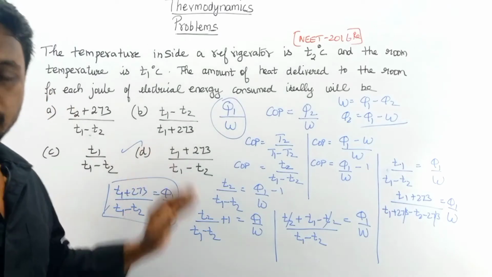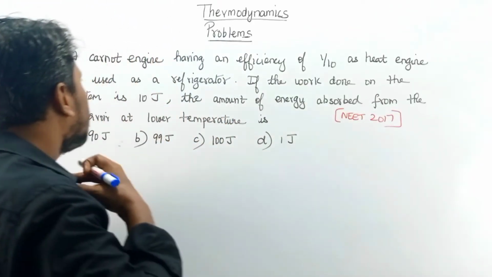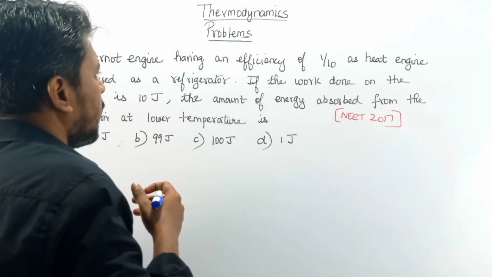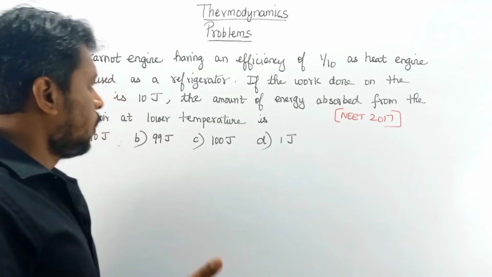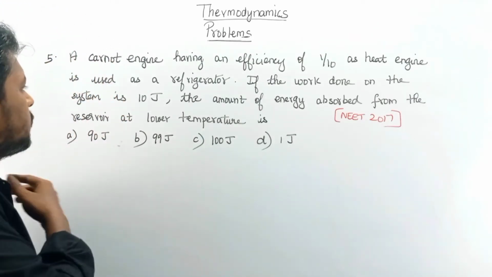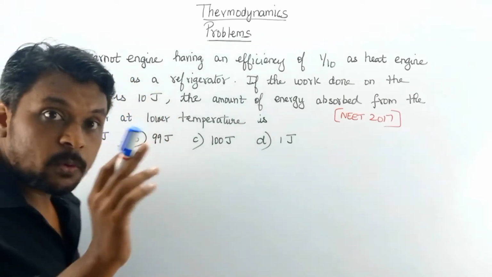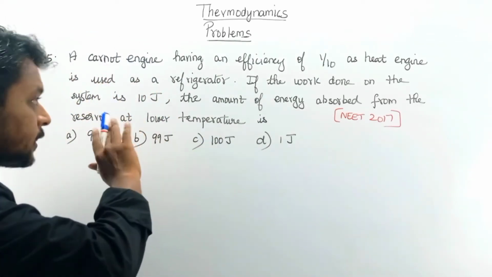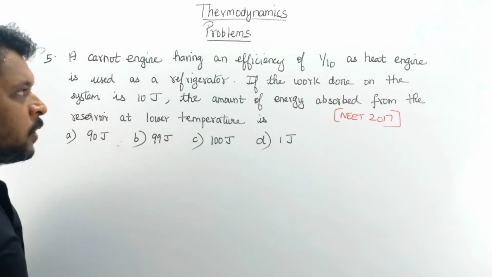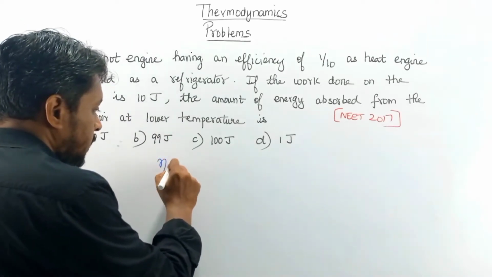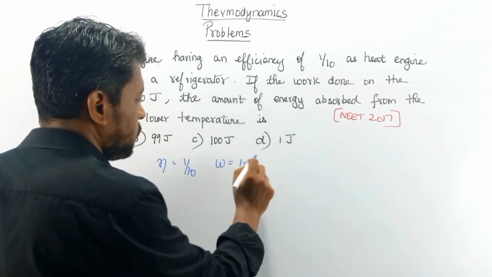Okay, thank you. The fifth problem. In this problem, they have given a Carnot engine having an efficiency of 1 by 10, as a heat engine, which is used as a refrigerator. If the work done on the system is 10 joules, the efficiency is given as 1 by 10 and the work done is given as 10 joules.